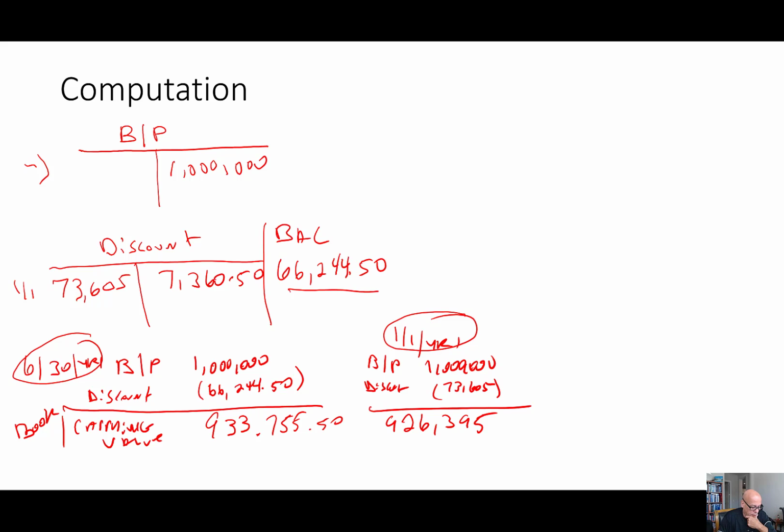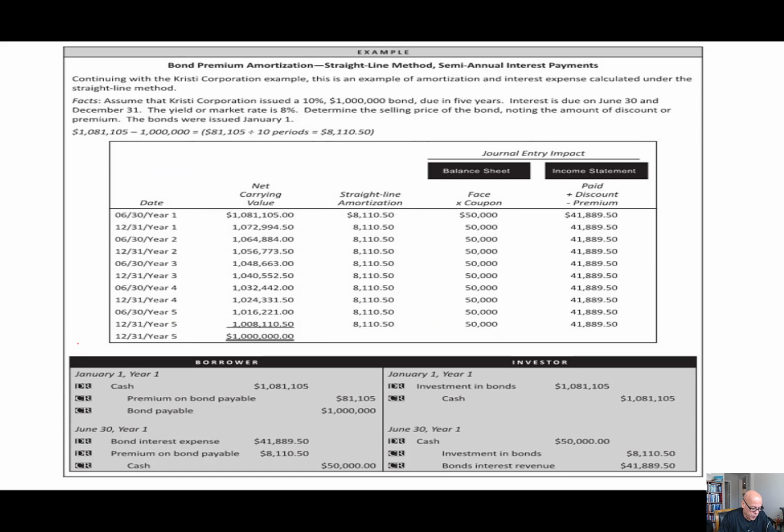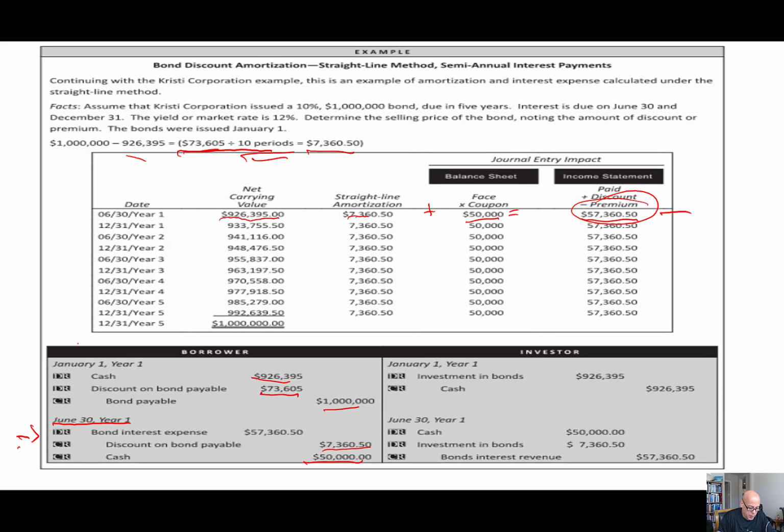So when you amortize a discount, the interest expense is more than the cash interest, and the carrying value of the bond goes up. So everything comes up when you amortize the discount, and that would continue on through the life of this bond. Notice that carrying value keeps coming up 6 months after 6 months until finally it is listed at face at the end of the bond, and I pay back the full $1 million.